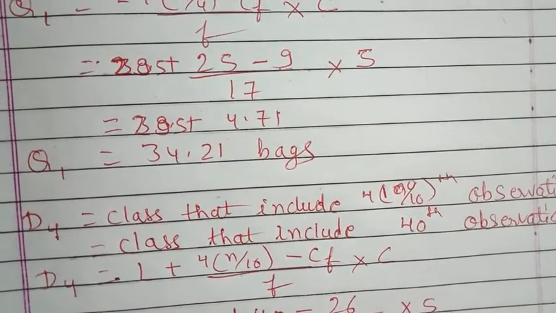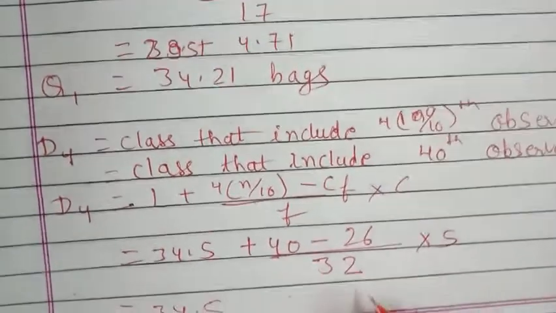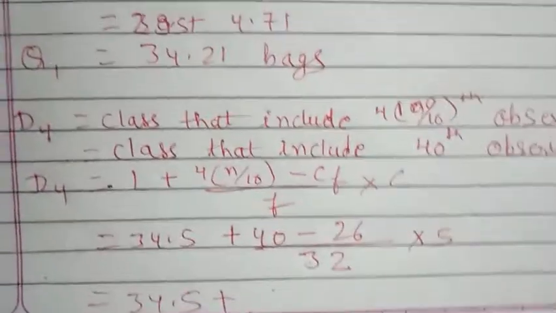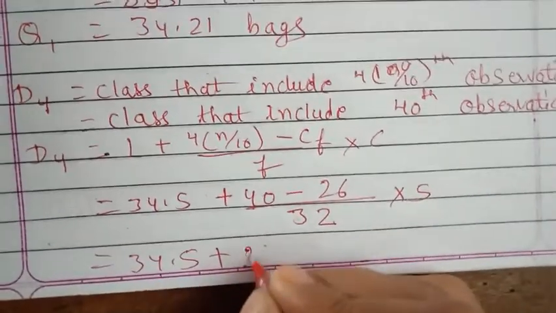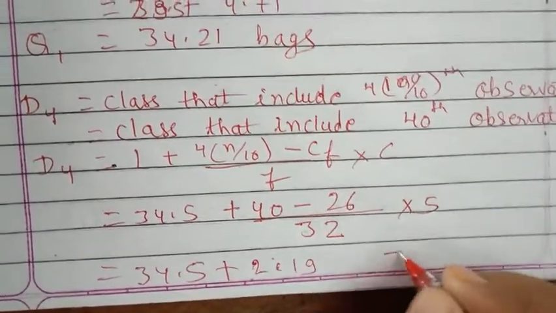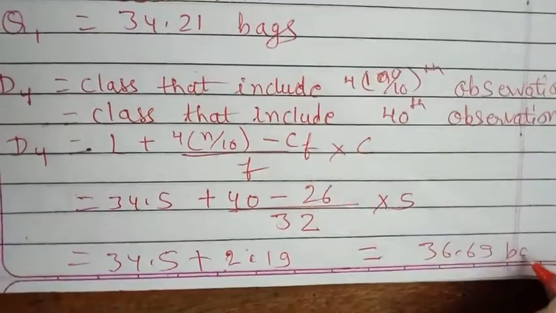So when we solve this, 40 minus 26 is 14, 14 into 5 divided by 32. When we do the calculation, we get 2.19. So D4 is equal to 36.69 bags.